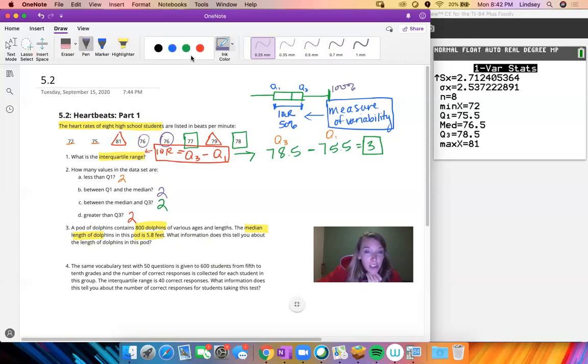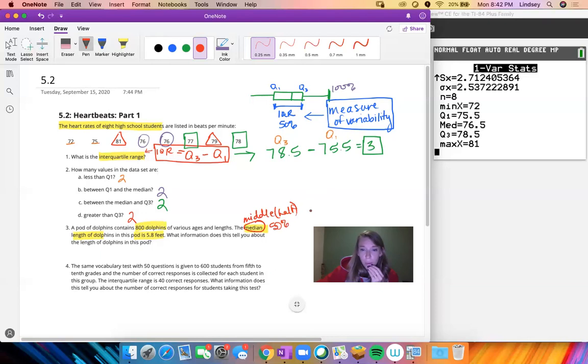Okay, so this question is really, really easy to overthink, but we just have to remember what it's asking. So the median, what does it tell us? It tells us the middle, which is half, or 50%, if you want to think of it that way.